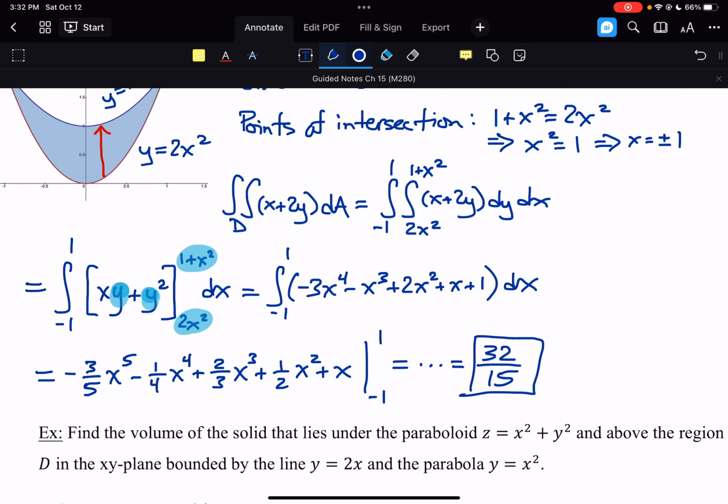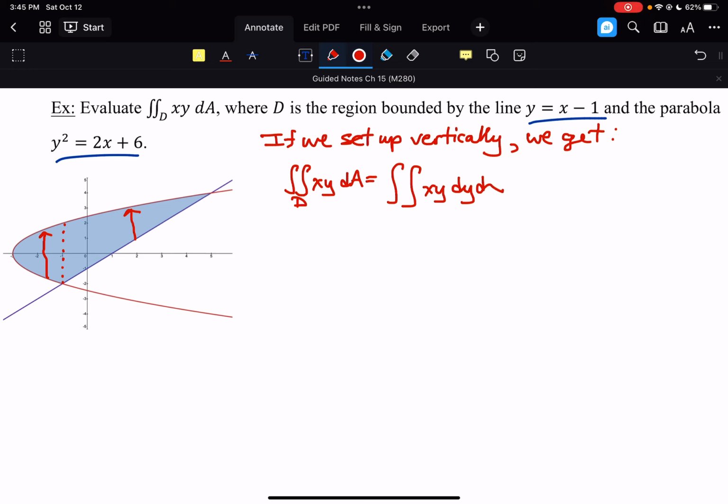If we set up vertically, we get the double integral over D of xy dA. We're going to have the double integral of xy dy dx. We're going to do it from parabola to parabola for the first part, but this is y as a function of x.